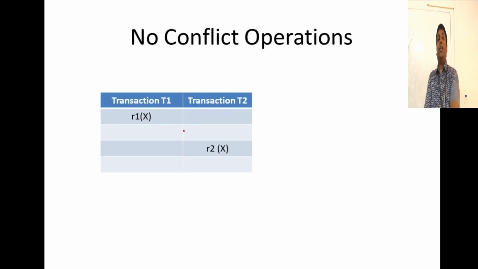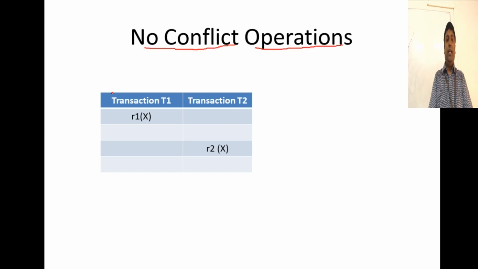Even before constructing that graph, we have to understand certain terms and terminologies. What is a no conflict operation? Say I have two transactions T1 and T2, and T1 is reading X, T2 is reading X. When it is just a read between two transactions, and these two transactions access the same item X, what is the concept here?